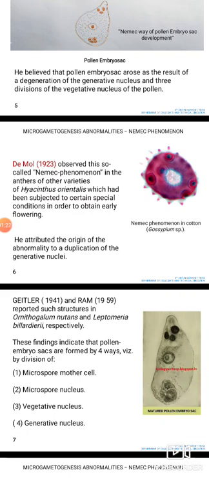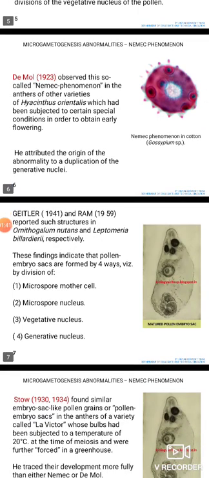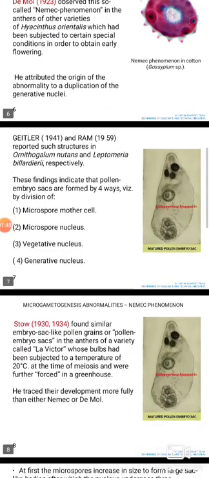Kettler in 1941 and Ram in 1959 reported such structures in Ornithogallum nutans and Leptomeria respectively. These findings indicate that pollen embryo sacs are formed in 4 ways, that is from microspore mother cells, microspore nucleus, vegetative nucleus, and generative nucleus.